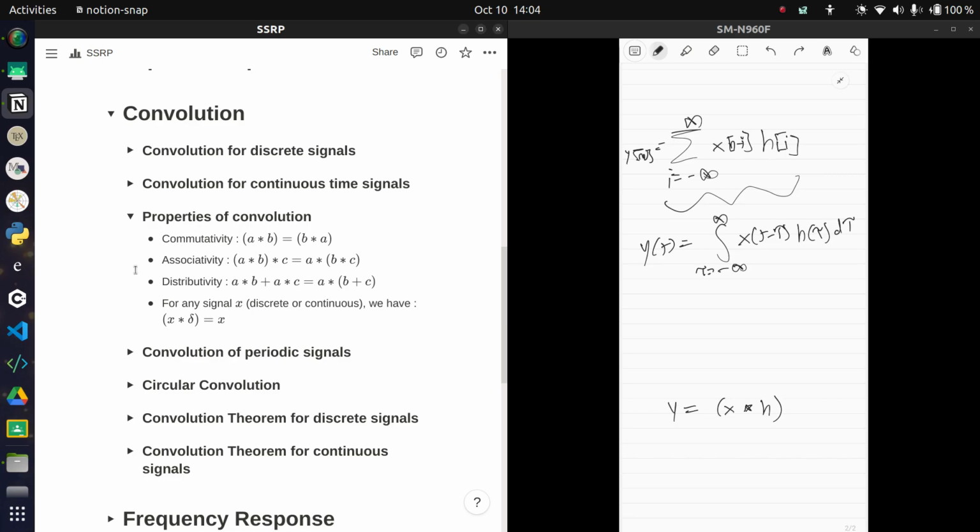And then for any signal x, discrete or continuous, x starred with a delta function is x itself. You can see that by taking a function like this.